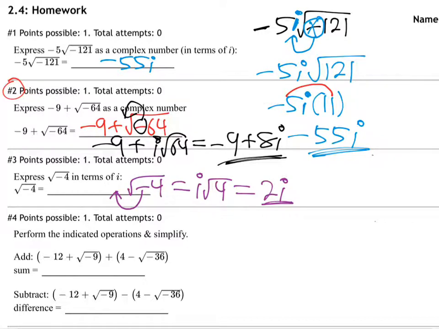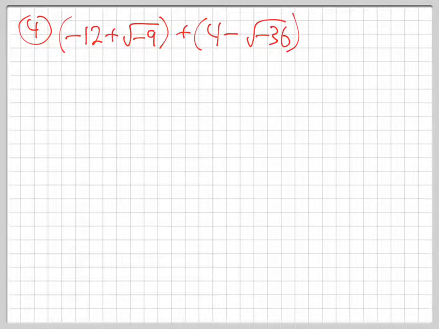Let's move on with number 4. So on number 4, negative 12 plus the square root of negative 9. Can you see that one okay? All right, so here it is. I wrote it a little bigger. So remember what we do?